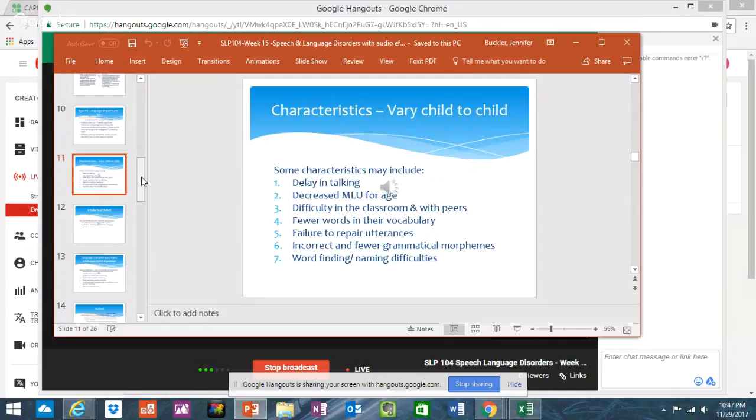So the child has difficulty using the correct word or the correct verb tense or the correct pronoun in their speaking. They may have trouble telling a story. Their stories may be circumlocutive. Their stories may include details that are non-essential. They may tell a story that assumes shared knowledge or that is out of sequence. They may have difficulty using complex sentence structures.